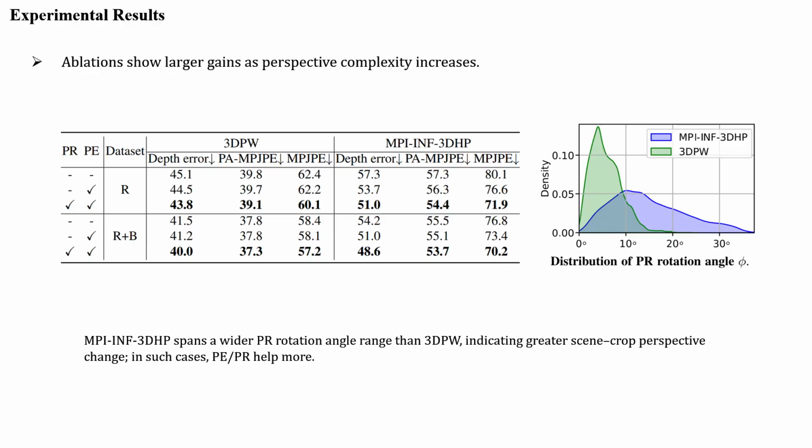A wider spread in phi indicates greater variation in the center of the human bounding box (UCVC), reflecting significant changes in the perspective relationship between the 3D scene and the cropped image. In such cases, the benefits of PE and PR become even more pronounced.